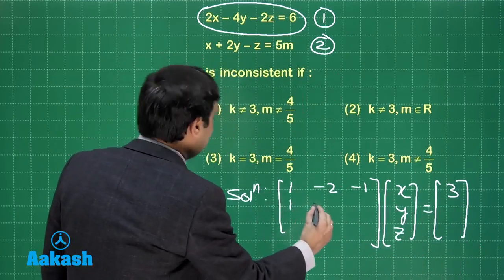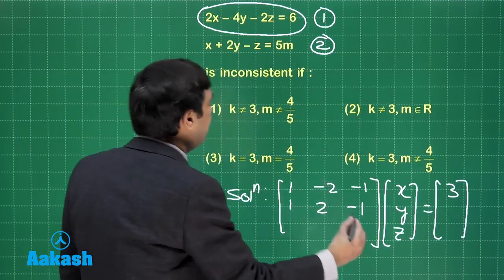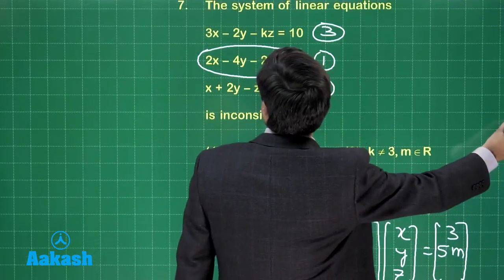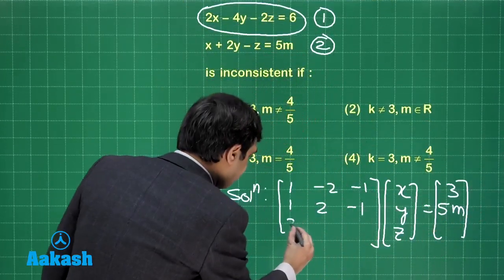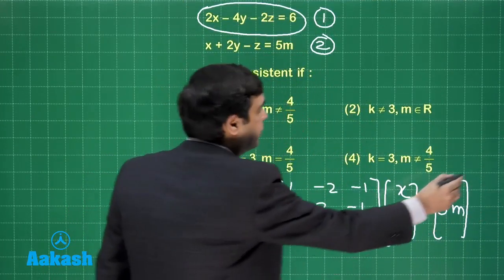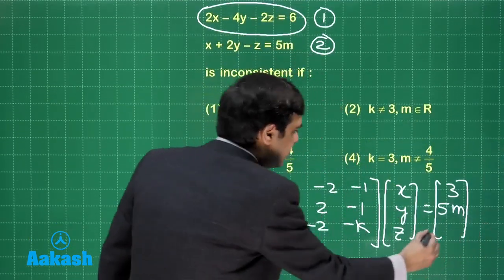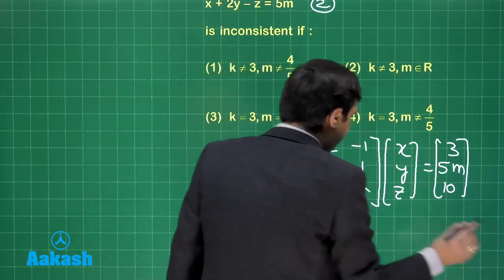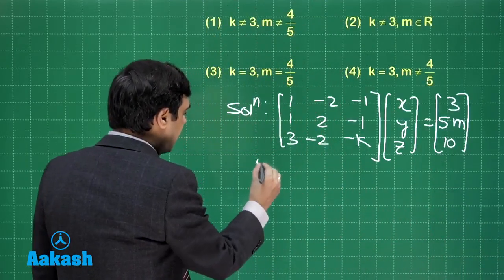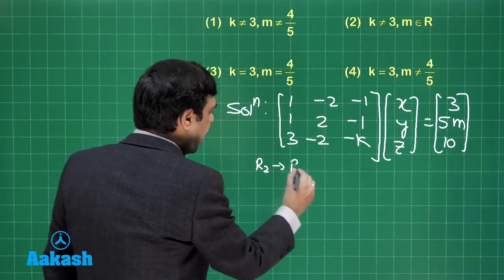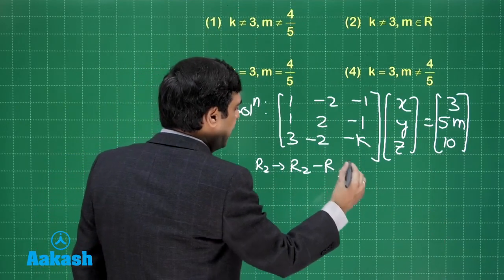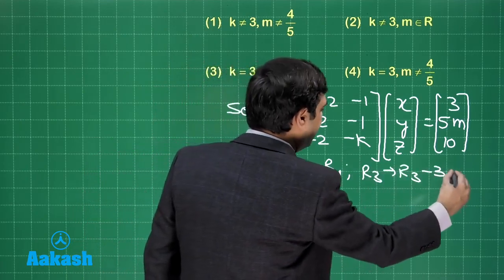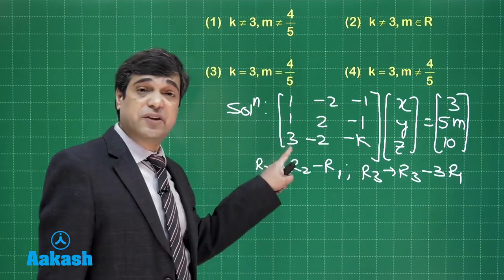Next 1, 2, minus 1, and here you have 5m. And the last one, this is 3, minus 2, minus k, and this is equal to 10. So here write 10. I am sure this is clear. Now applying some operations, like R2 is replaced by R2 minus R1 and R3 is replaced by R3 minus 3R1 in order to make these 2 entries 0.